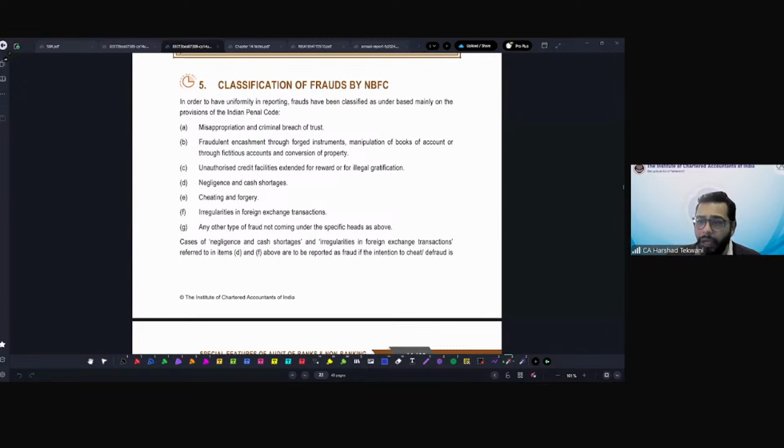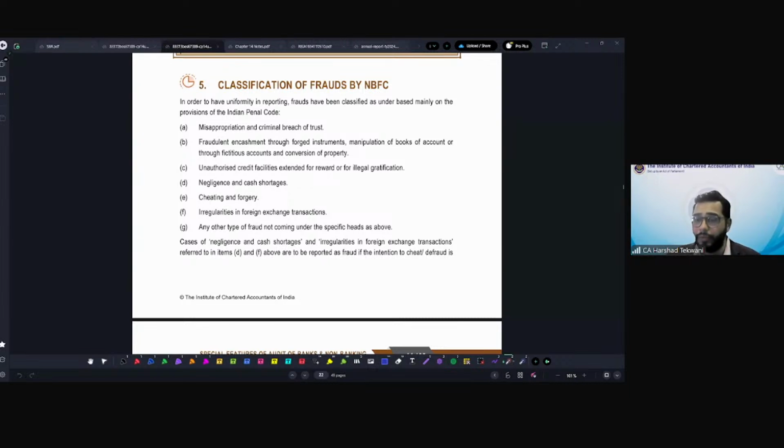It's not that they don't apply here. They apply in the similar fashion in which we have seen till now. For example, if you are doing an audit of an NBFC, you will first start with client acceptance and continuance. You will check whether you are able to perform that engagement, go for terms of engagement, and comply with SA 210 and 220. Then you do the understanding of the entity, its environment, and internal controls, SA 315.